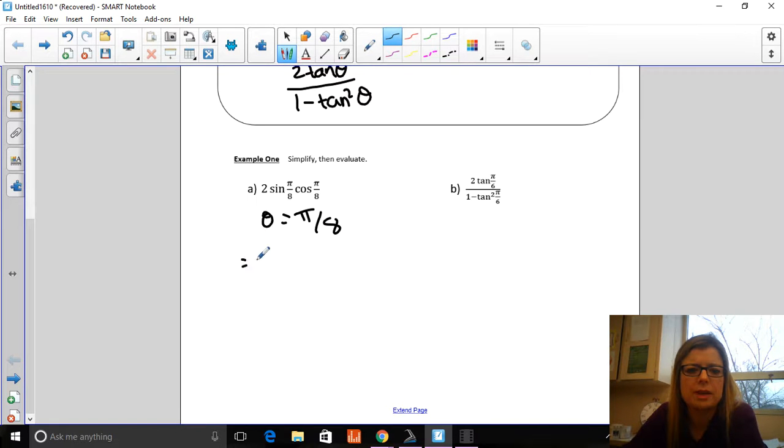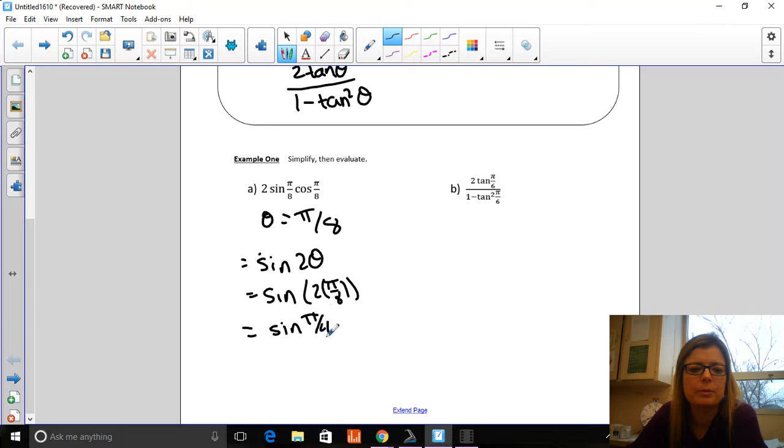And this is also equal to just sine of 2 theta. So it's equal to sine of 2 times pi over 8. So that just becomes the sine of pi over 4, which we know from our special triangle is 1 over root 2, or root 2 over 2.